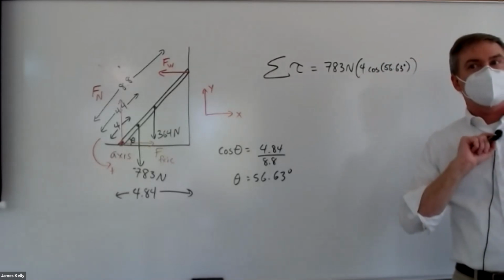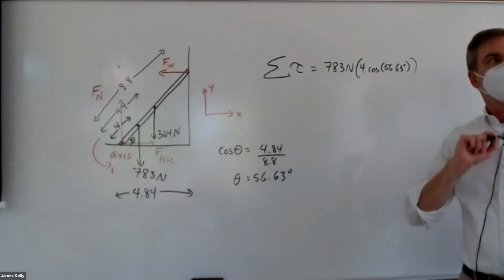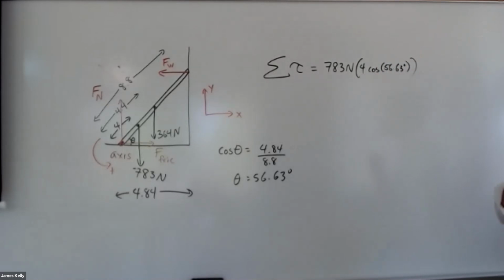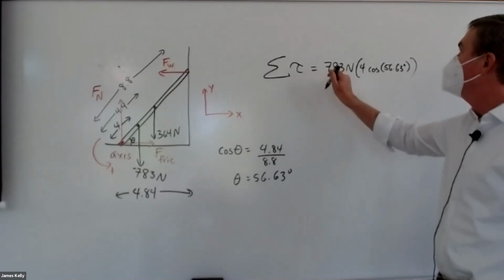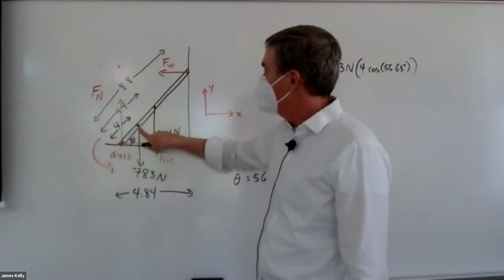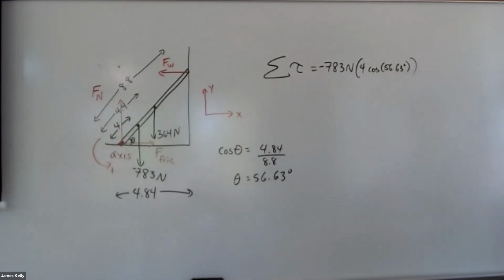And what else have I forgotten? Yeah, I've forgotten a sign, right? Because I've chosen this to be the positive direction. This force is trying to rotate it around in that direction, so it's a negative torque by my sign convention.